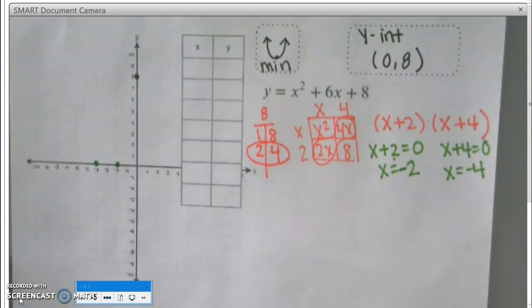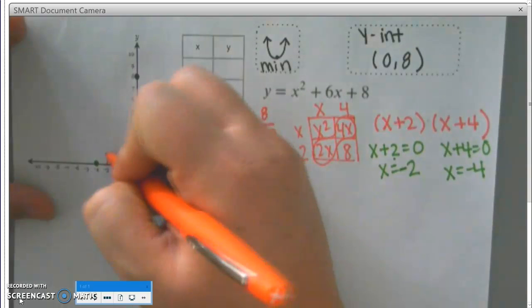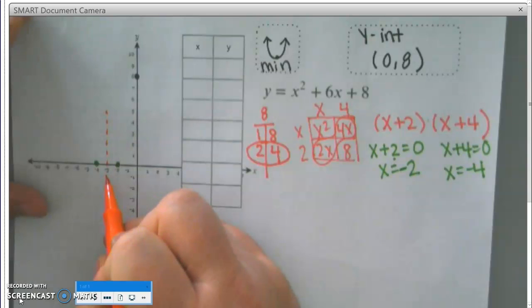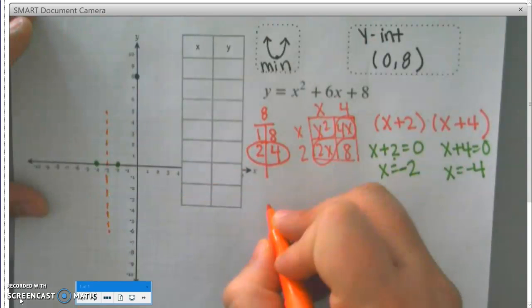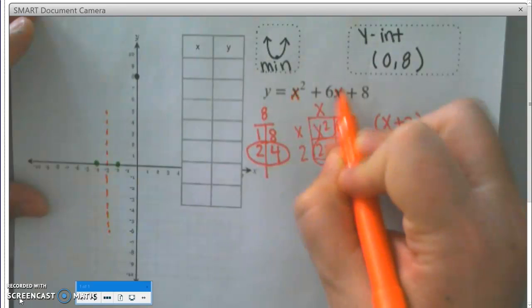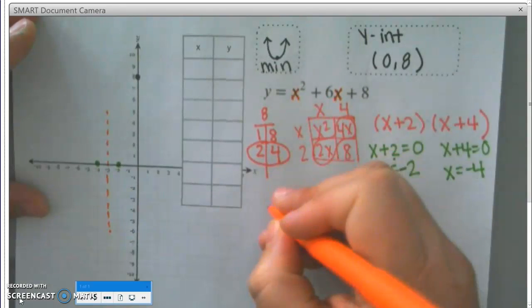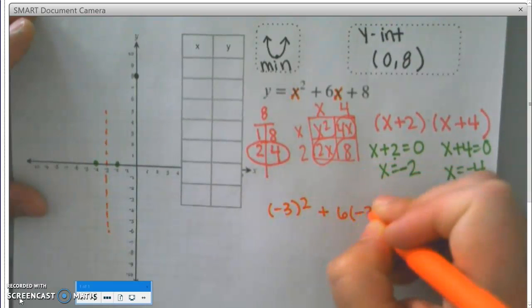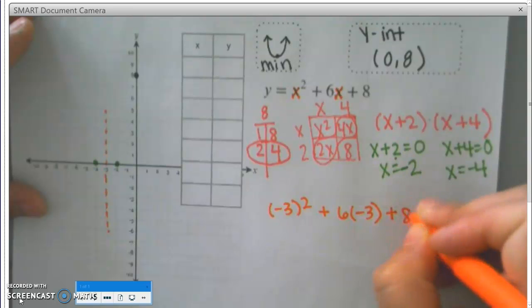Now I can find my axis of symmetry because halfway in between those is negative 3. So I'm going to plug negative 3 wherever I see x. So negative 3 squared plus 6 times negative 3 plus 8.